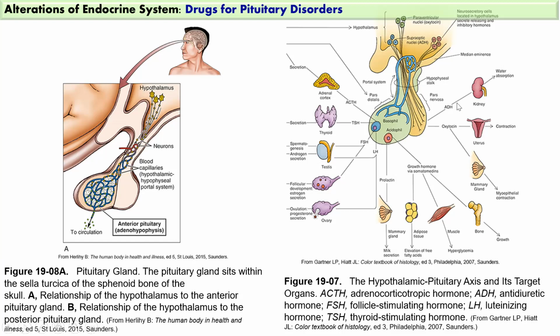Decreased production of ADH hormone would result in diabetes insipidus, and we'll go over both conditions later on. So this is an example of how the master gland, the hypothalamus, controls the P gland, and then the P gland produces or secretes hormones to control the rest of the organs and glands in the endocrine system.